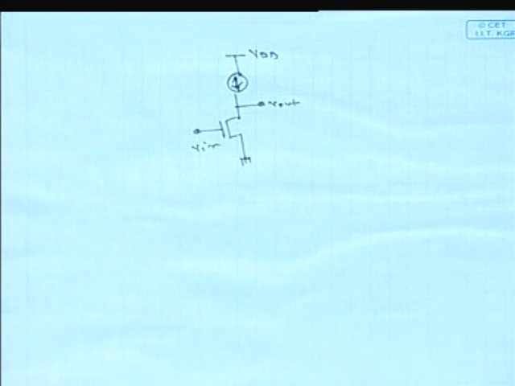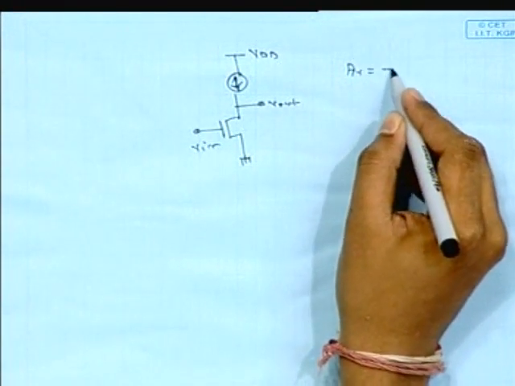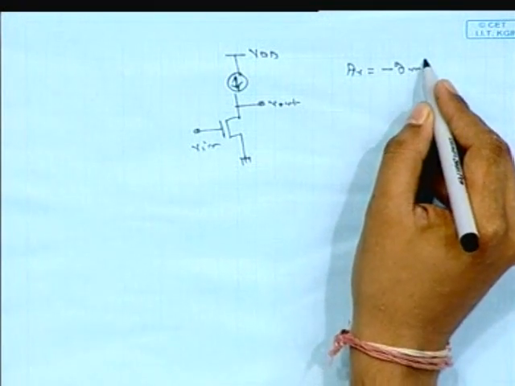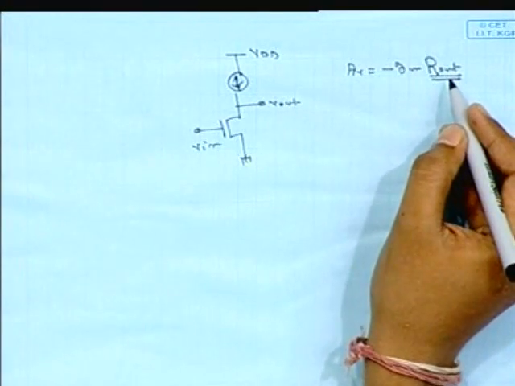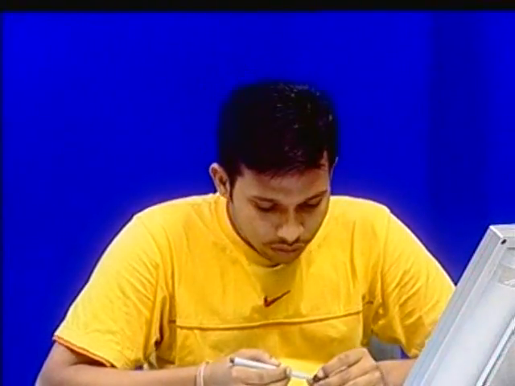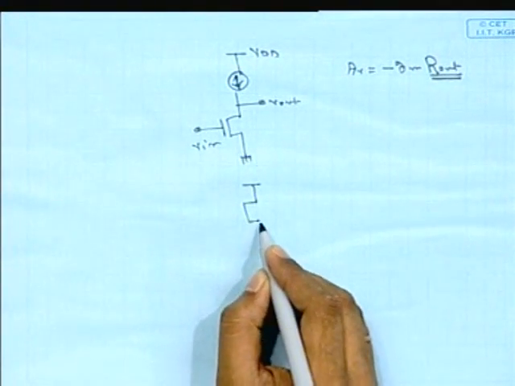We know that for the CS stage, the gain is Av equal to minus gm into output resistance. If we increase the output resistance, we can easily get a higher gain. And we also know that for an ideal current source, the output resistance is infinite, so we can get infinite gain.